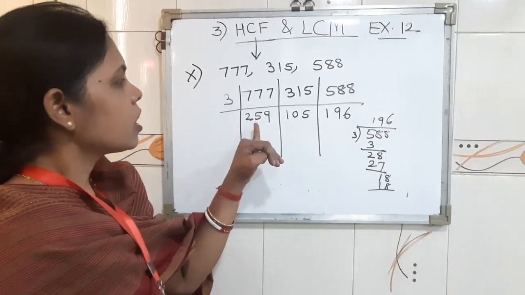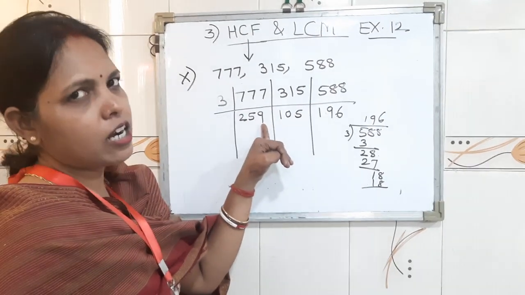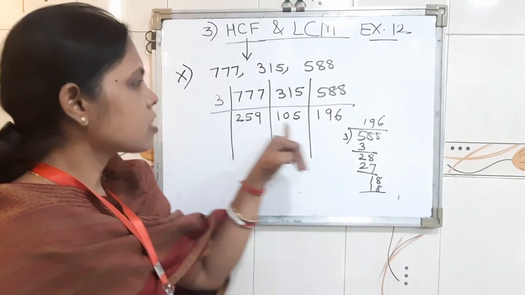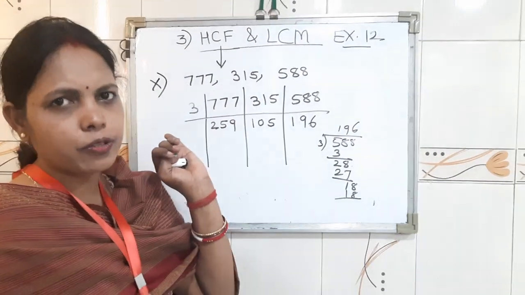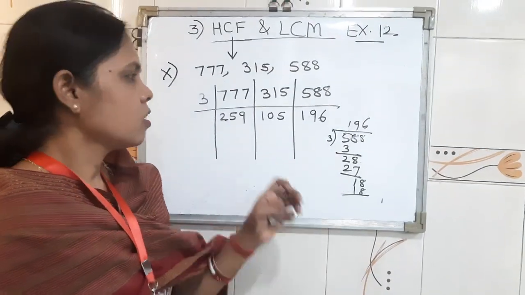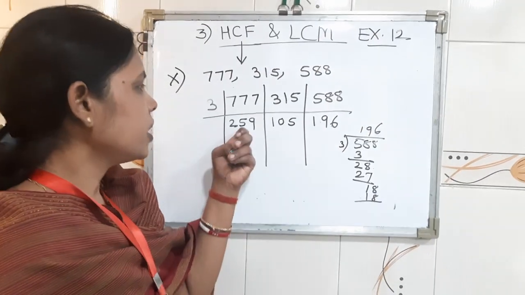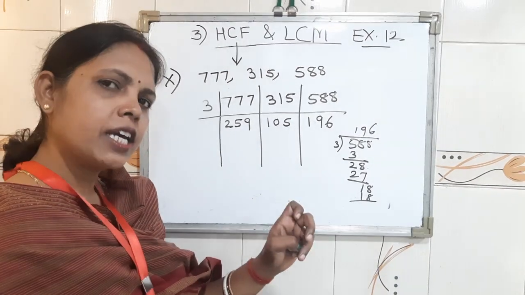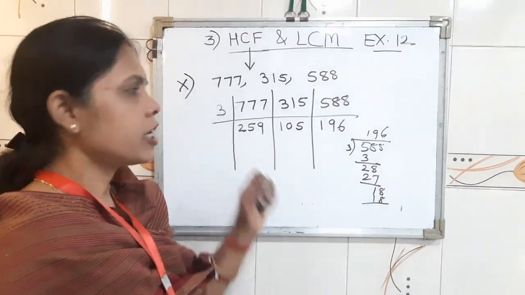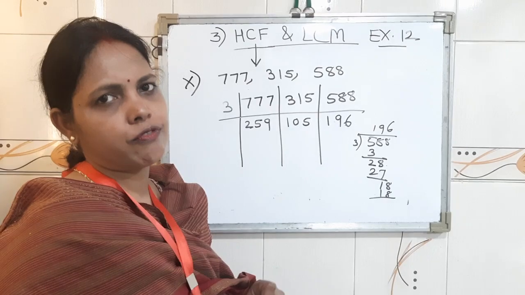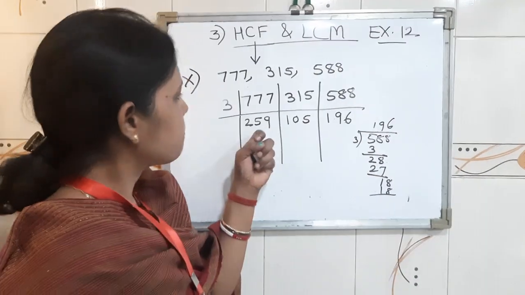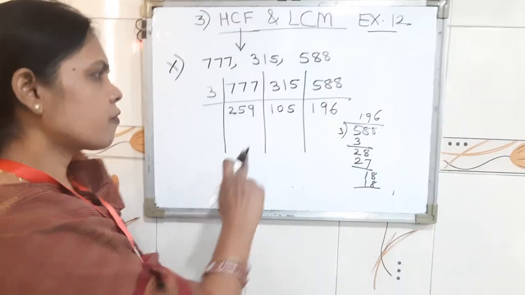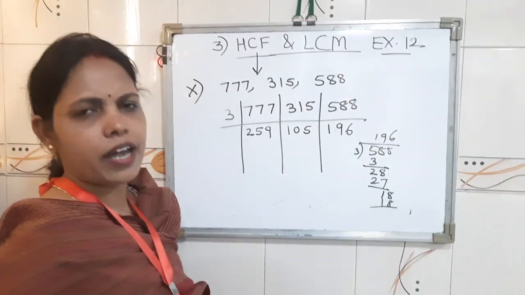In the same way, 59 is not in the table of 4. For division by 4, the number formed by the unit and tens digits, that is 59, should be in the table of 4. Then only the full number will divide by 4. In the unit place, 0 or 5 is also not there, therefore these numbers will also not divide by 5.